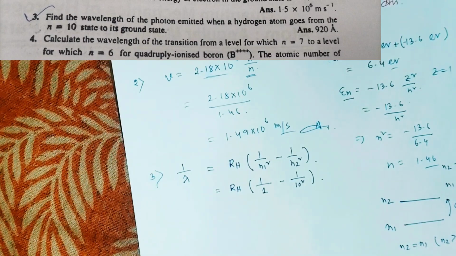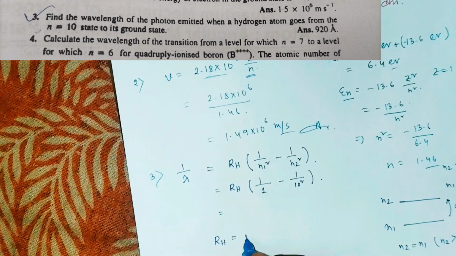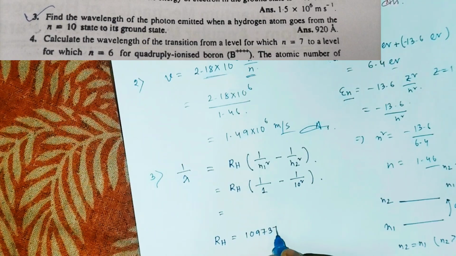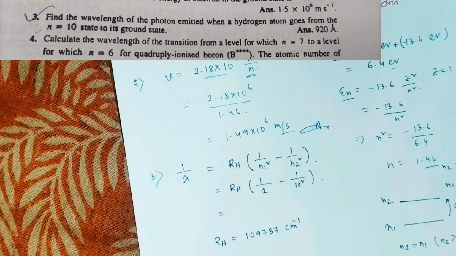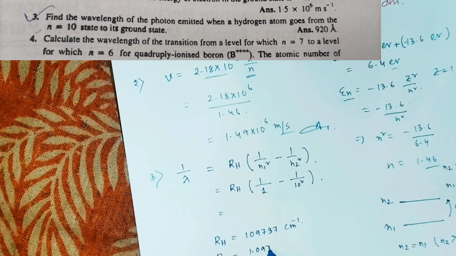Now you need to find the wavelength. The value of R, the Rydberg constant, is 109737 centimeter inverse, and if you write it in meters, it is 1.097 into 10 to the power 7 meter inverse.